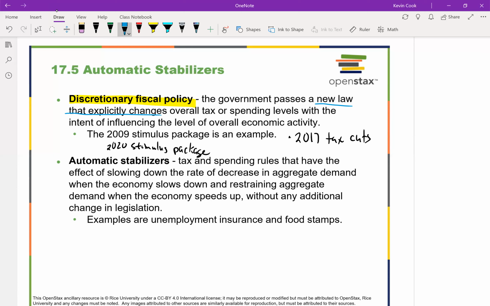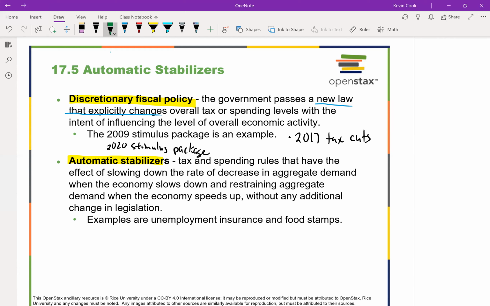The other type of policy that we can have or way to change spending is going to be through what's called an automatic stabilizer. And for this, what we're going to see is that we're going to have programs or tools that more or less is an automatic stabilizer. So it's going to automatically change based off of the state of the economy.